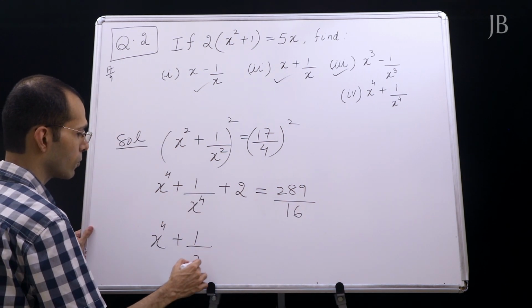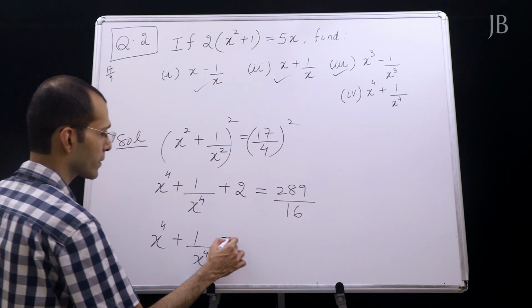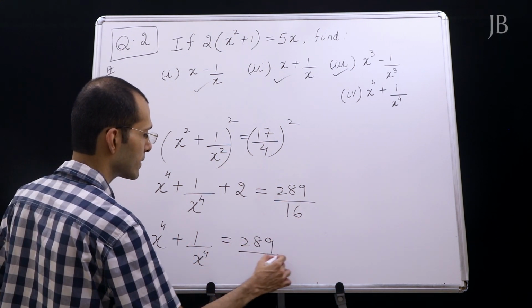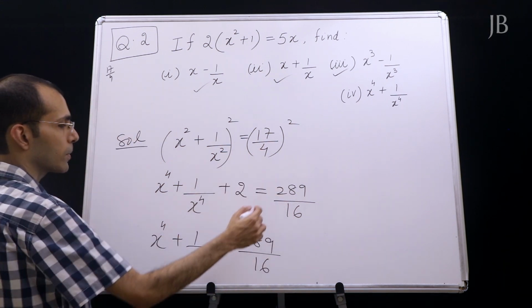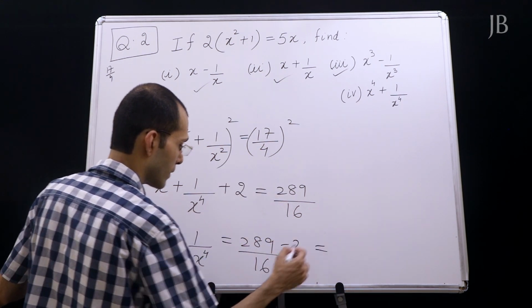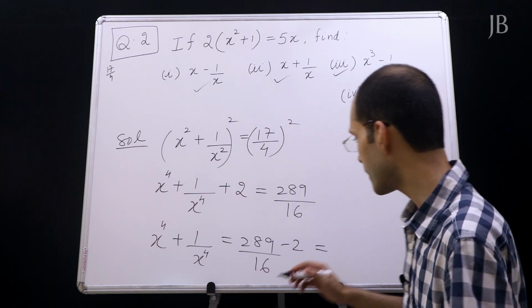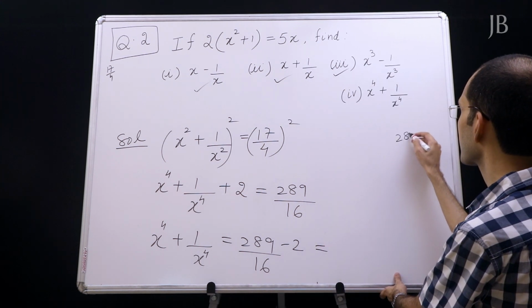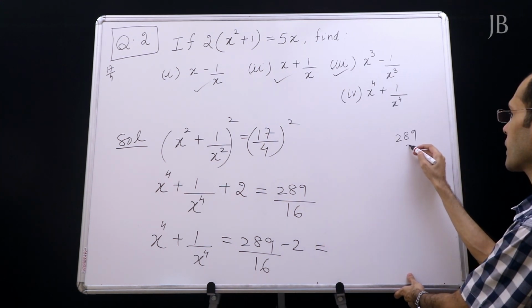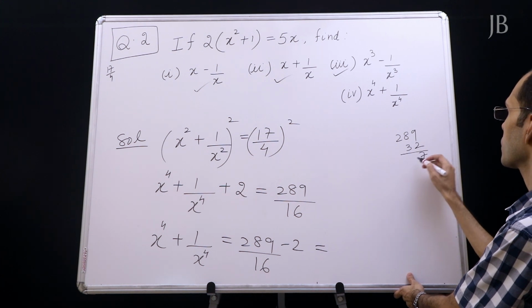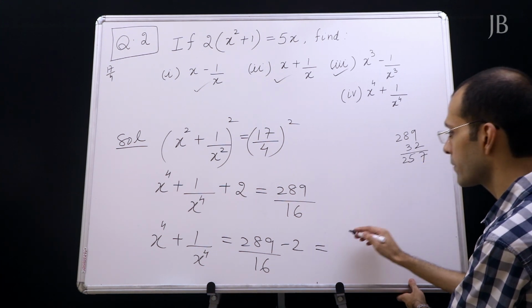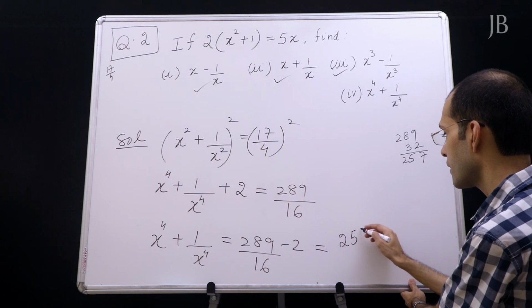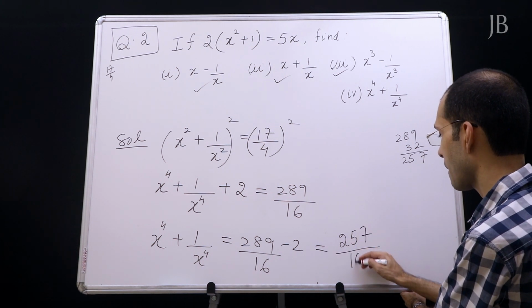x raised to 4 plus 1 upon x raised to 4, what you have to do is simply transpose, plus 2 will go there. So you will have 289 minus 32, okay. So that comes to how much? A quick calculation, 257 upon 16.